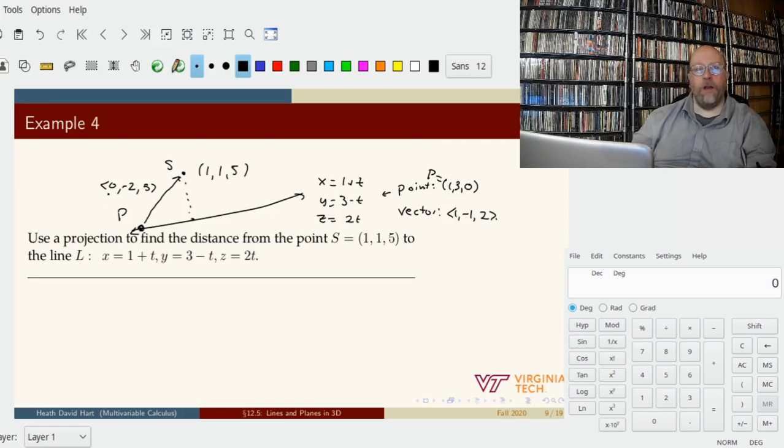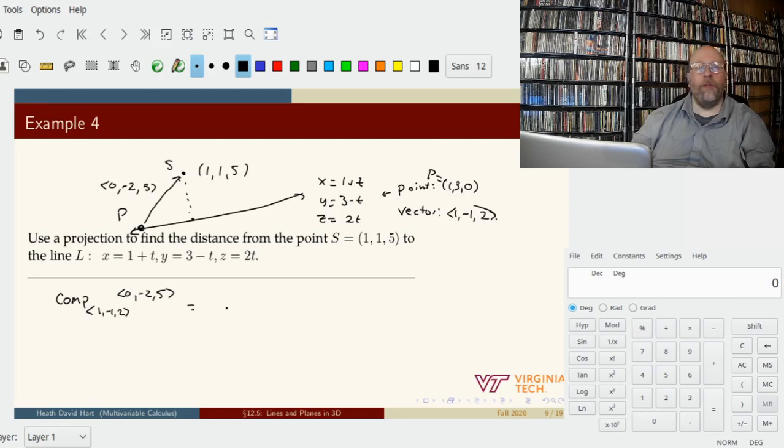I'm starting at P and ending at S and generating this vector. And so what I want to do is calculate the projection of this vector onto this vector. Okay? So we actually don't need the actual coordinates, we just need the size of the projection, which is the component projection or the scalar projection of 0, -2, 5 onto 1, -1, 2.